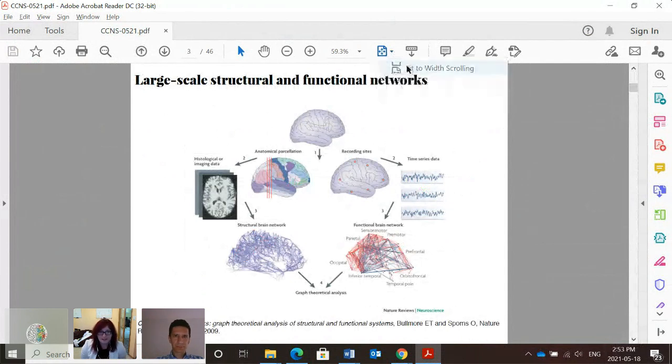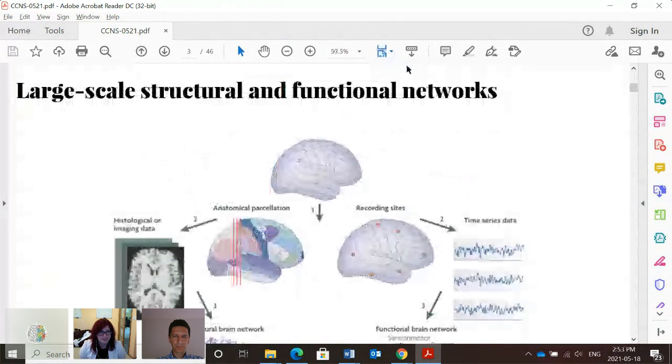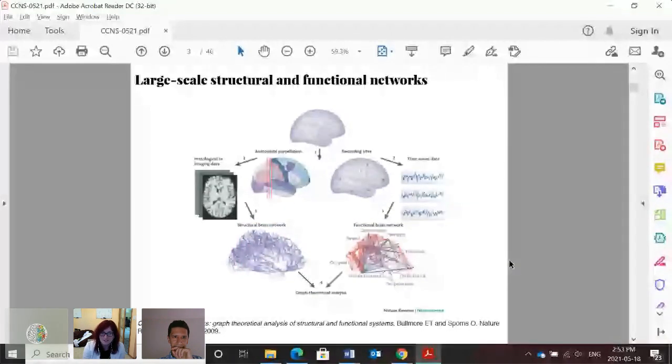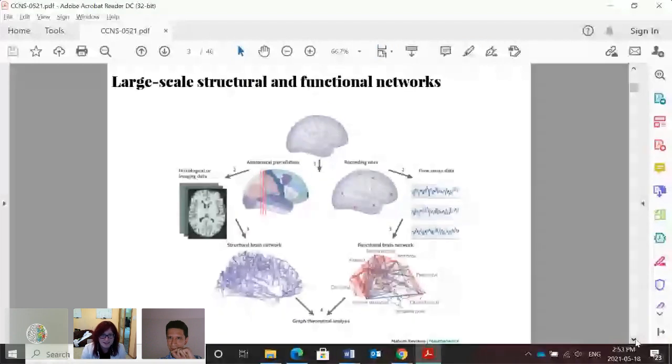And so what you're seeing on the little schematic, you already saw one just like this. On the left-hand side is how we derive structural networks. You would create an anatomical parcellation to divide the brain into nodes, and then the edges between these nodes in the structural brain network are physical white matter tracts. So this is a structural physical network.